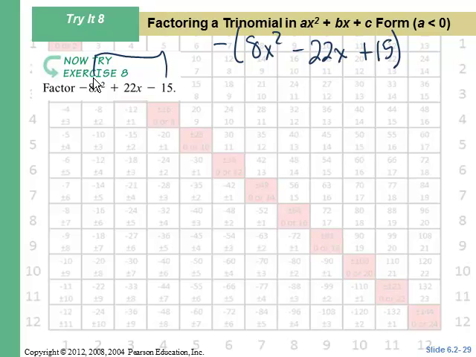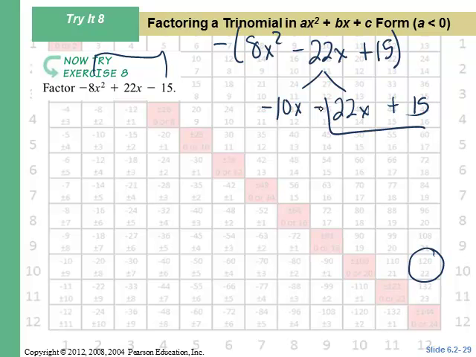No, it isn't. It's 120. 120 is what two numbers multiplied equal 120 are 22 apart, right there, or added equal 22. So we're going to split that into minus 10x minus 22x. And remember, when you take this negative sign, that changes that to a positive sign.